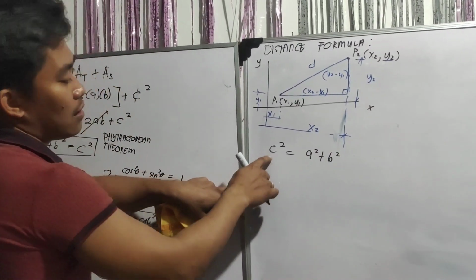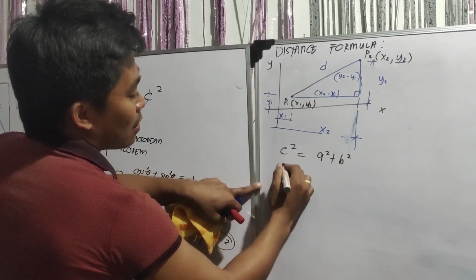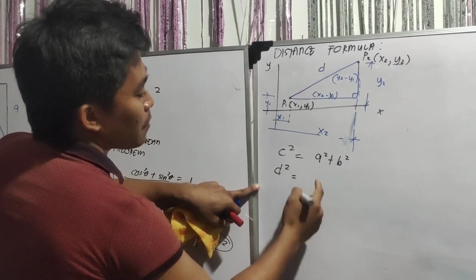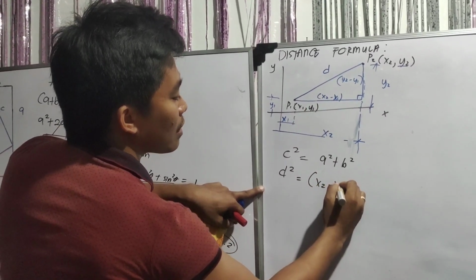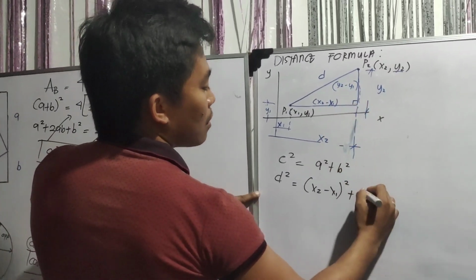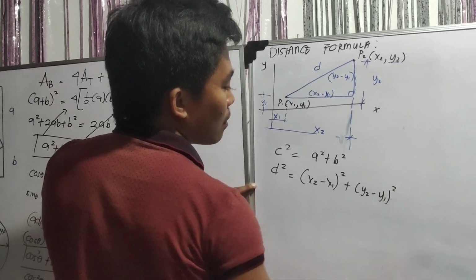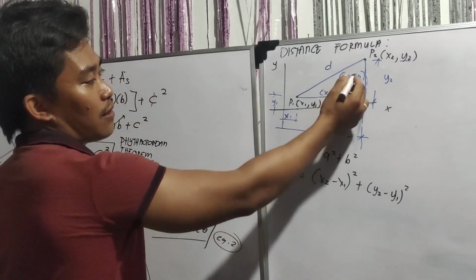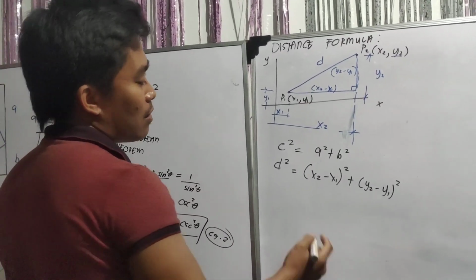But here in this case, the hypotenuse is the distance that we're looking for. So a is just x2 minus x1 squared plus b, that is y2 minus y1 squared. Now, you may ask, sir, what if I interchange them? Still, no problem. Okay?